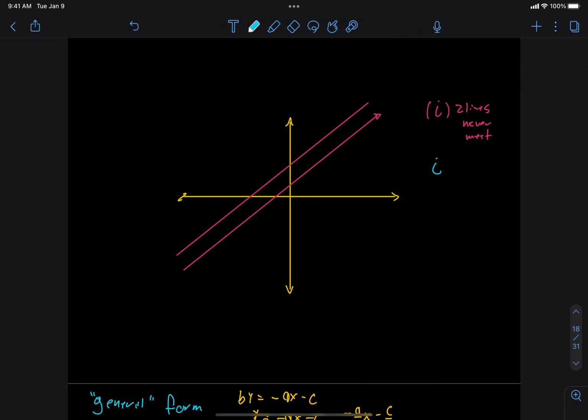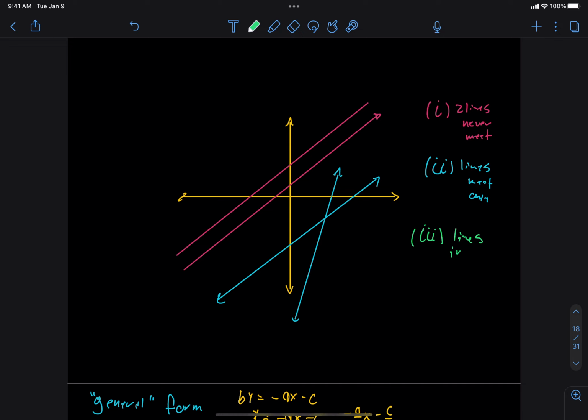Okay, the second thing that can happen is that the lines meet once. So that would look like something like this, maybe. And then the third thing that can happen is that the lines are the same, or they intersect infinitely many times.